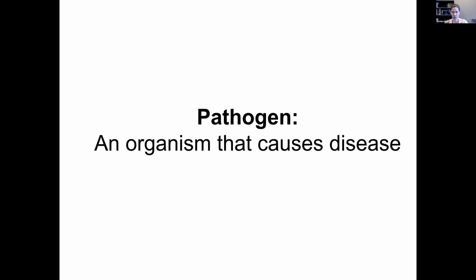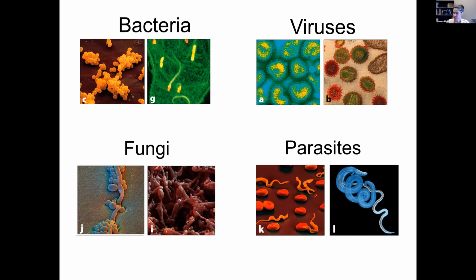We have to remember that the goal of the immune system is to eliminate pathogens. Pathogens are any organism that causes disease. We focus on four main classes of these pathogens that we're trying to avoid, inhibit, get rid of, basically prevent them from making us sick: bacteria, viruses, fungi, and parasites.